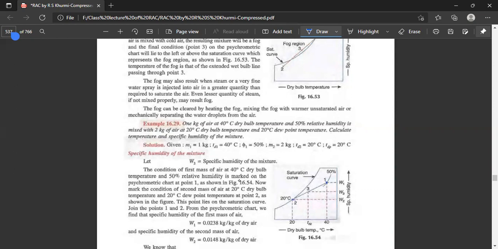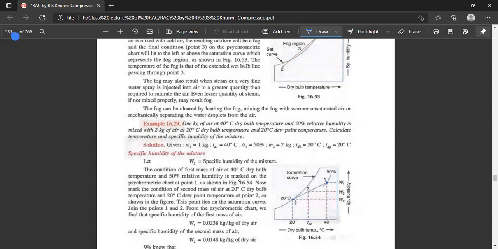Then m1 is given as 1 kg. Now let us find the specific humidity of the mixture, W3. First, the condition of the first mass of air is marked on the psychrometric chart at point 1.